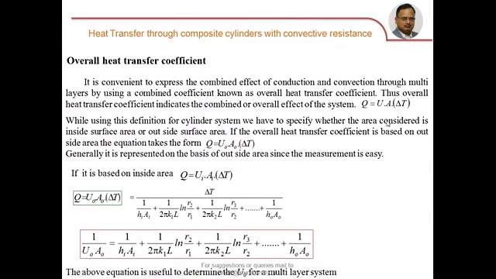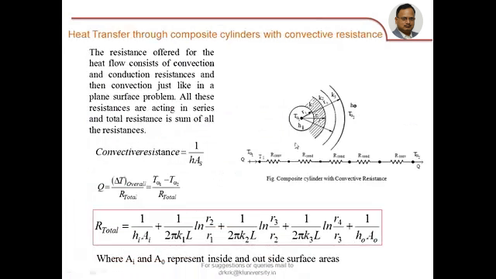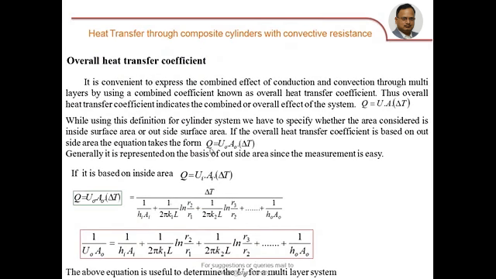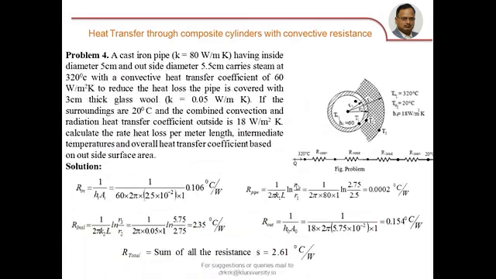But anyhow, while considering this area, which area do I have to take? Is it the inside area of this pipe or the outside area including all insulation? If you consider the outside surface area, then the equation for Q can be written as U0 A0 delta T. If you consider the inside area, Q is Ui Ai delta T. So we have two equations.